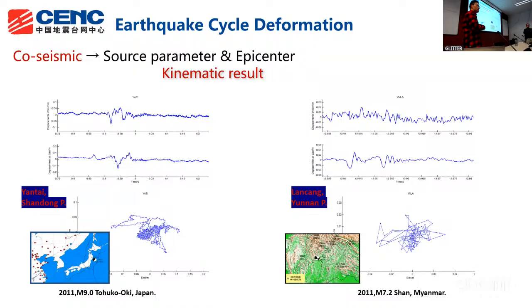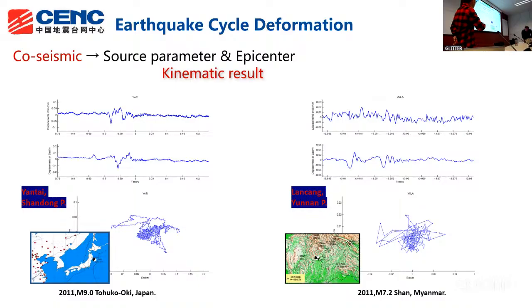You mean how to process this data? Yeah, this data I use the GAMMA software. Use the track model. We use another station as the reference station, and this is the mobile station. The mobile station's displacement is relative to the reference station.